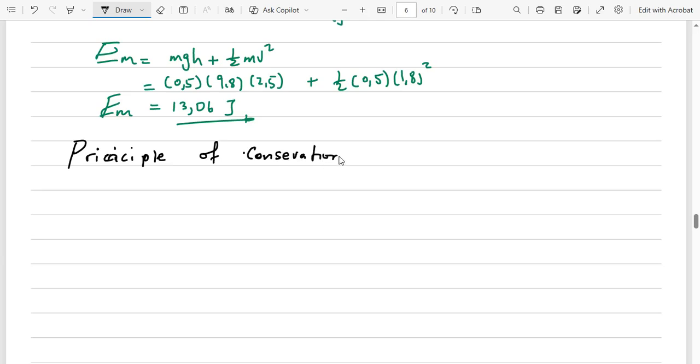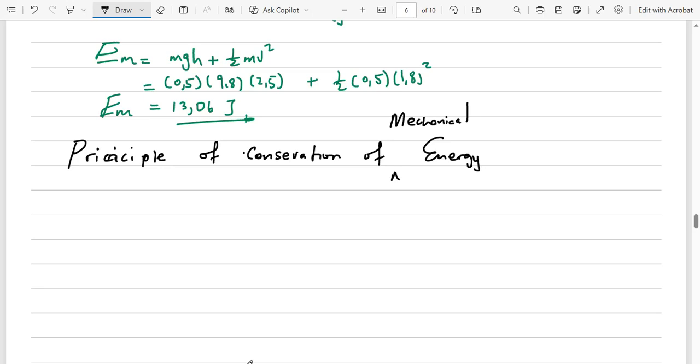The principle of conservation of mechanical energy. It says that the law of conservation of energy applies where there is no... I just want you to know how to state this.